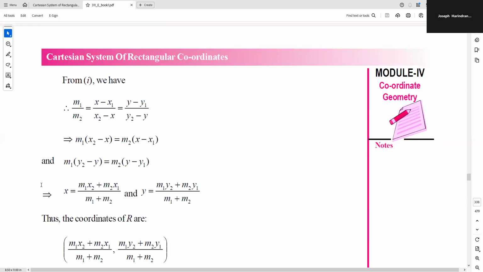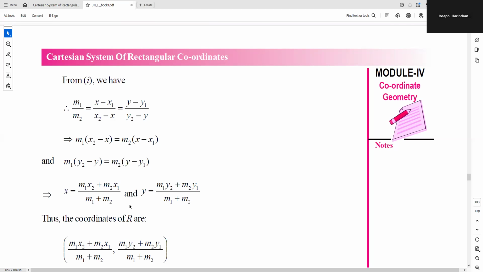Let x, y be the coordinates of R, the point of division internally, which lies between P and Q. We can say that the point R divides the line PQ internally in the ratio m1 is to m2.